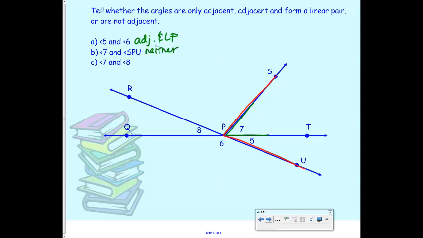And what about 7 and 8? So we still have 7 right here, and then 8 is over here. Are they right next to each other? Yeah. What's 7 next to?